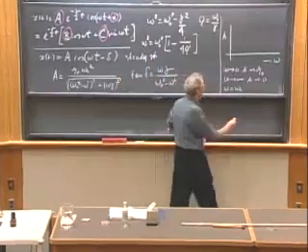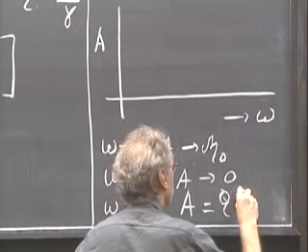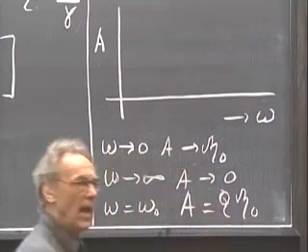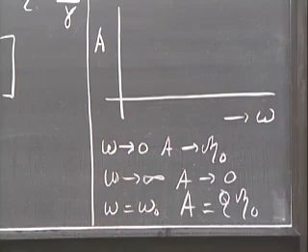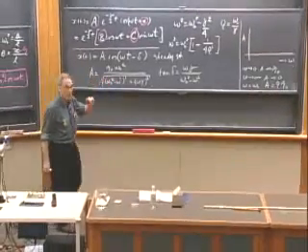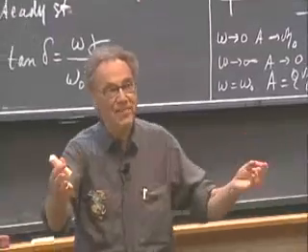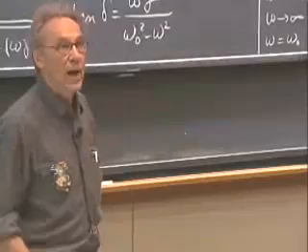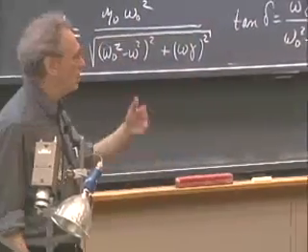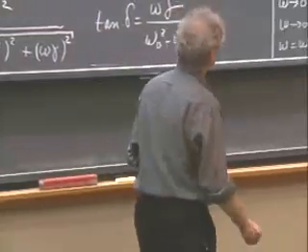Then you will get an amplitude which is Q times eta 0. And again, I just happen to remember that. If you substitute omega equals omega 0 back in here, you will see that. And that's always very nice to remember. At that omega 0, you always get Q times more than your driver. If Q is 100, you'll get 100 times the amplitude of the driver.